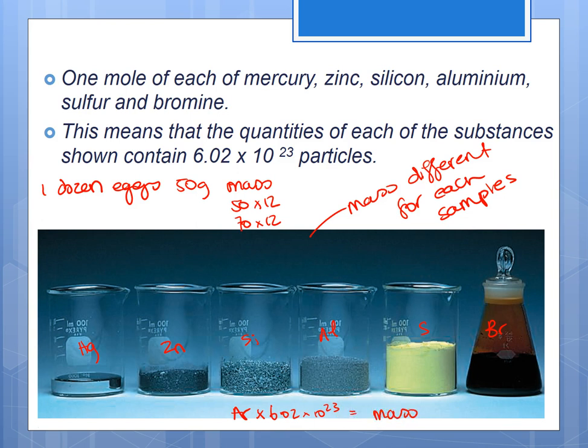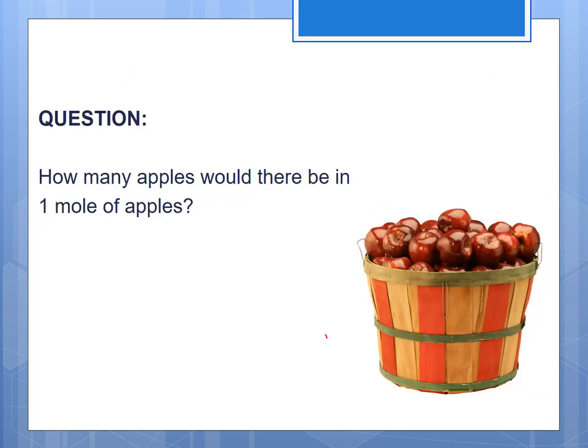So because the atoms weigh a different amount, we would have a different amount of mass in each sample, even though they all have the same number of particles. Okay, so just remember, it doesn't matter what we're counting, 1 mole will always equal 6.02 times 10 to the 23 things, and in this case, it would be apples. So always just relate back to your question.